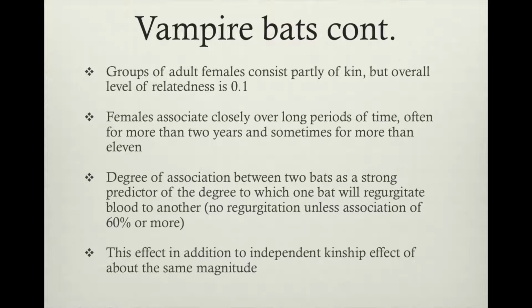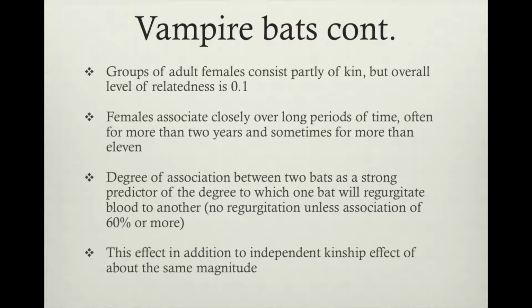So this degree of association between two bats is as strong a predictor as the degree of relatedness between two bats. You don't share with bats with whom you spend less than 60% of your roosting periods together.